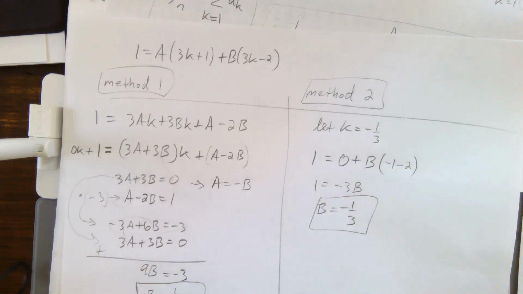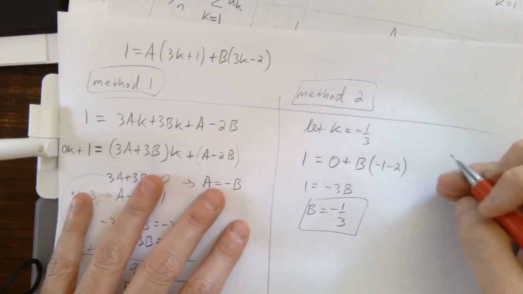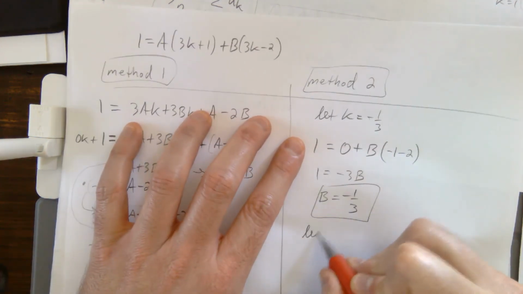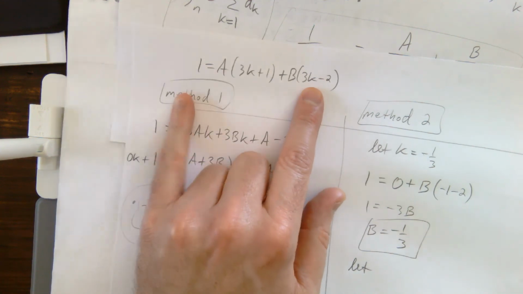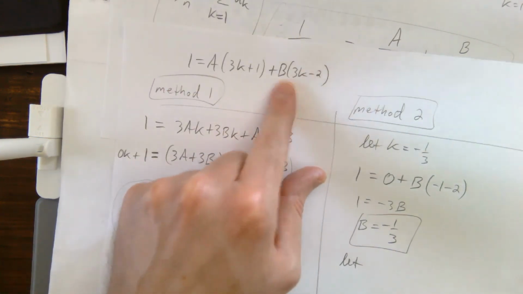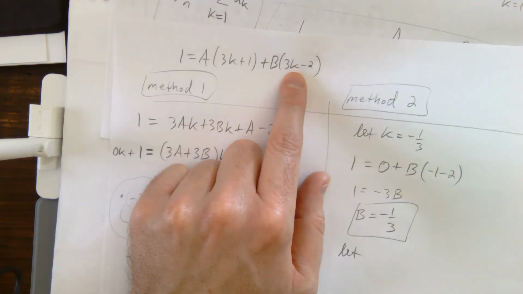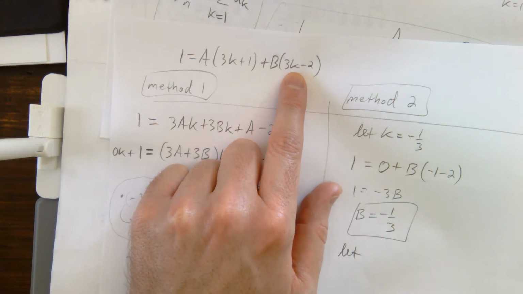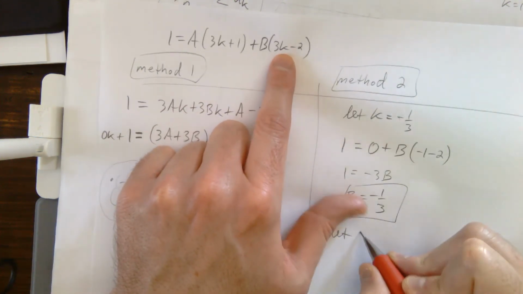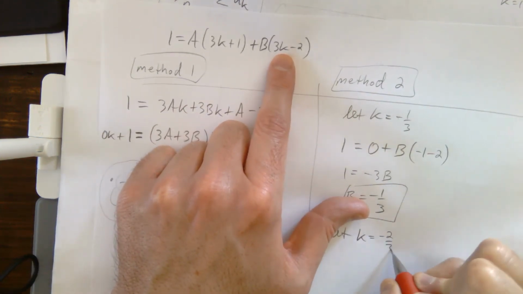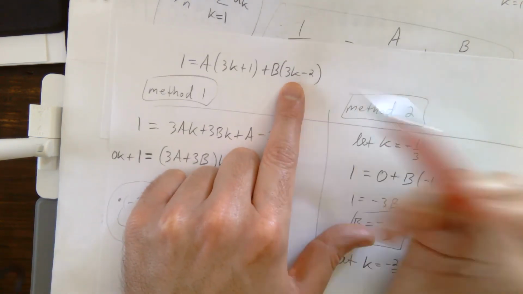Yep. And now if b is -1/3, oh, okay, let's just stick with this method here. So now we're going to let k be something different so that the b goes away. Well, -1/3, no, -2/3 would have to be what we choose, because -1/3 would give us -3, right?